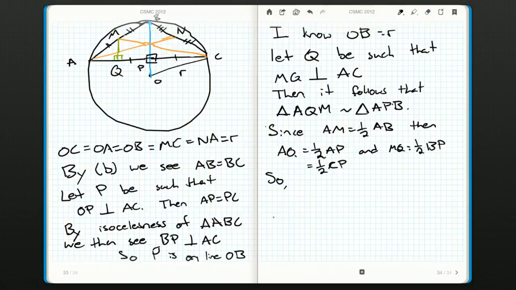We know that MQ squared plus QC squared is equal to CM squared, and that's R squared, because it's a median, and that's equal to OC squared, which is equal to OP squared plus CP squared. OC squared is equal to OP squared plus PC squared. Okay.